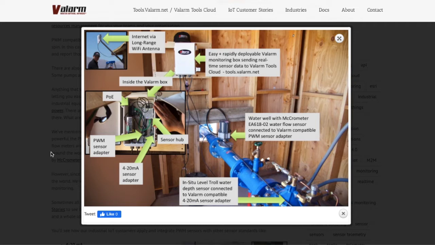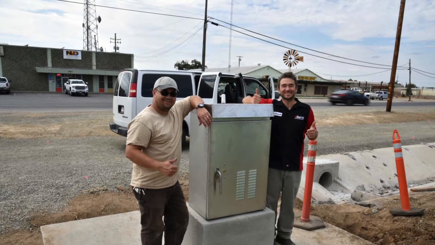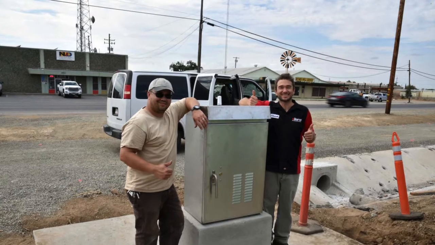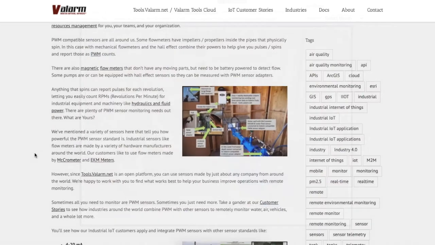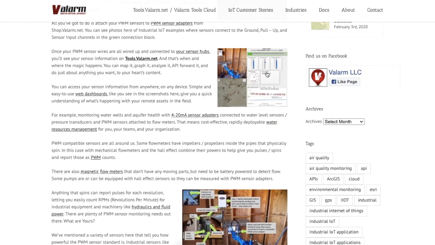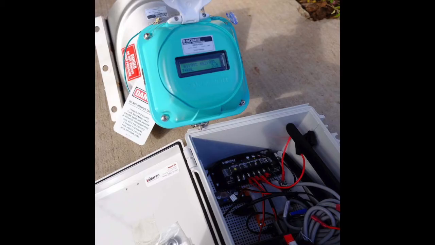We've mentioned a variety of sensors here that tell you how powerful the PWM sensor standard is. Industrial sensors like flow meters are made by a variety of hardware manufacturers around the world. Specifically, our customers like to use flow meters made by Micrometer and EKM meters.